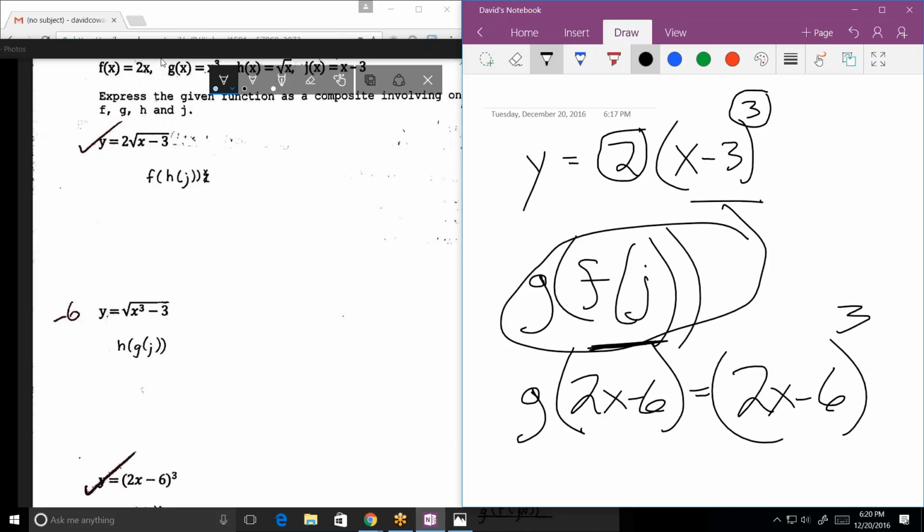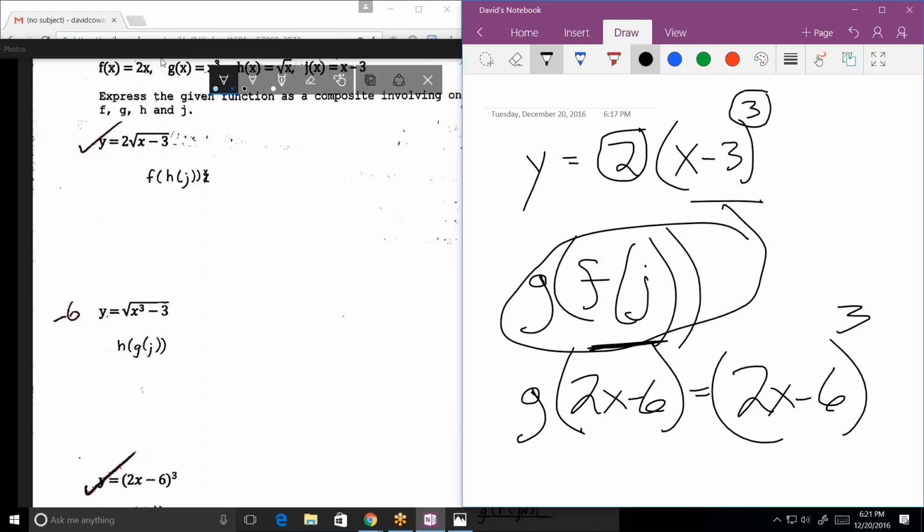The tough one for me was the middle one, the one you lost 6 points on. And the reason that's tough is because we weren't looking at an x cubed minus 3 in any of these functions. But it turns out that if you put them in the right order, in other words, the g in the middle, then you are looking at that.